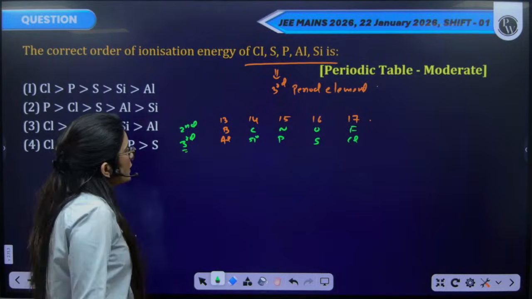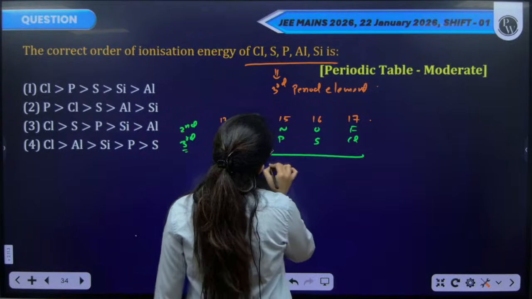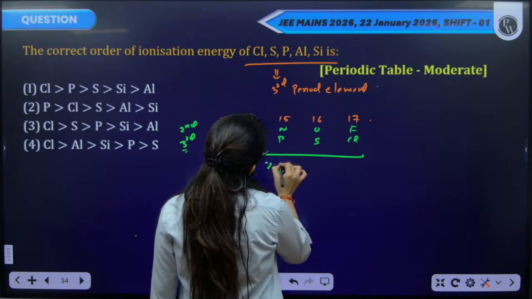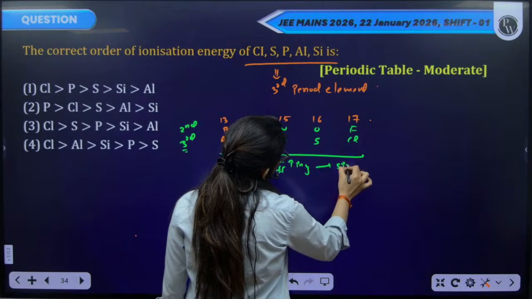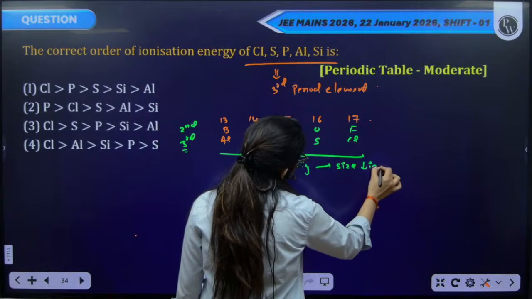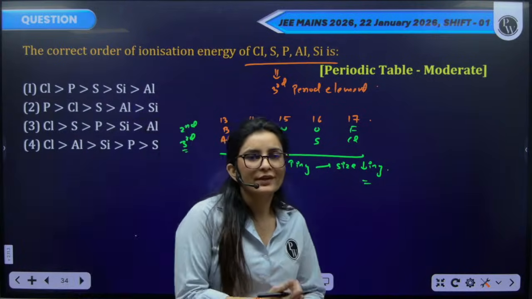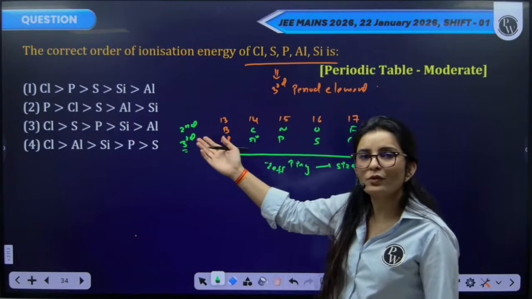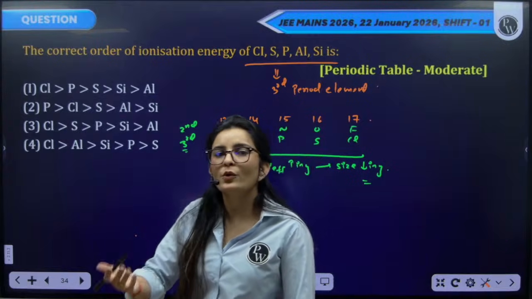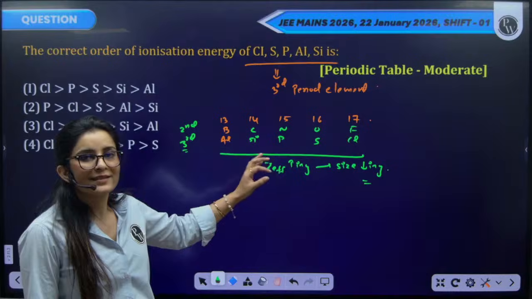Okay. So you're going to see as you move left to right in a period, the Z effective will keep on increasing. So size will be decreasing. Okay, and if size will be decreasing, then definitely you will have to provide more energy to take the electron outside, because ionization energy is the amount of energy that is required to remove the electron from the outermost shell of an isolated gaseous atom, right?